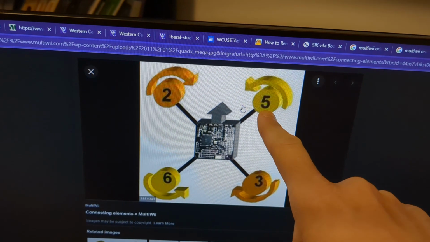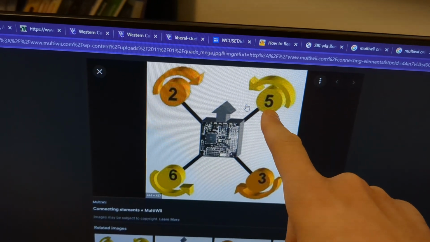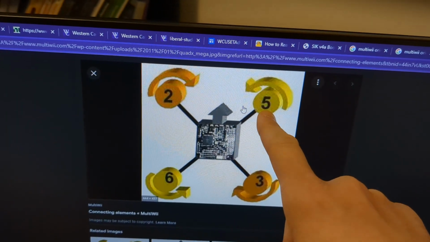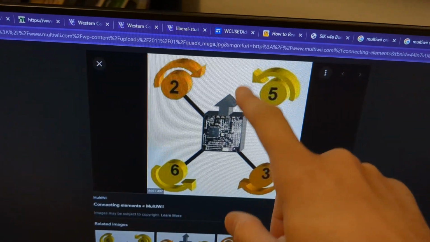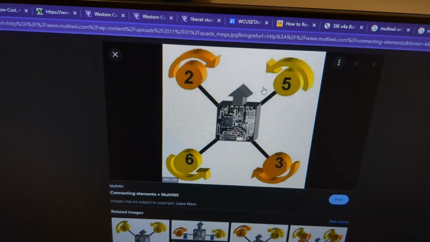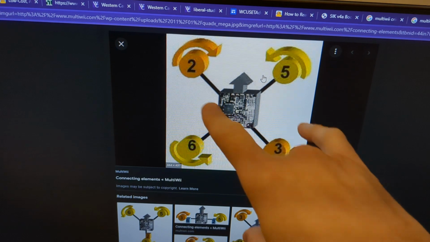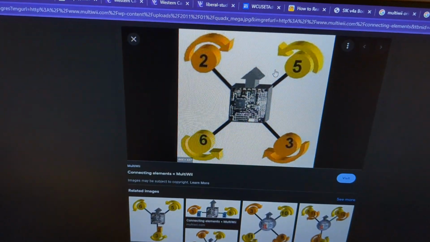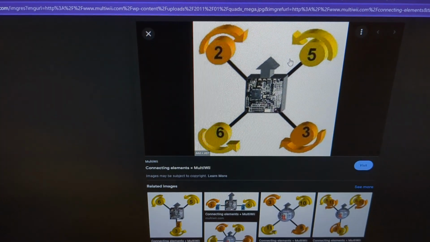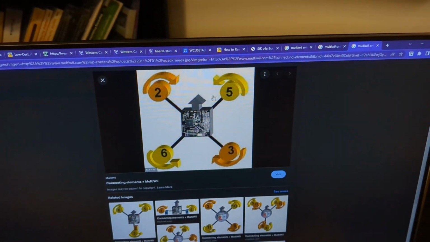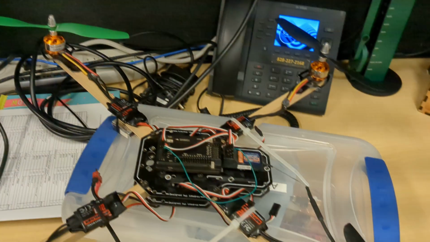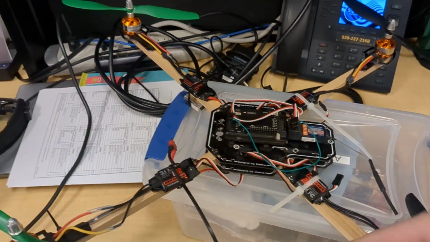Pin 5 is your forward right motor, and it's got to spin counterclockwise. And so whenever it tilts, then you know which ones of those motors to speed up or slow down to make it tilt correctly. And so there's a lot of things that have to be kind of constrained and in alignment.